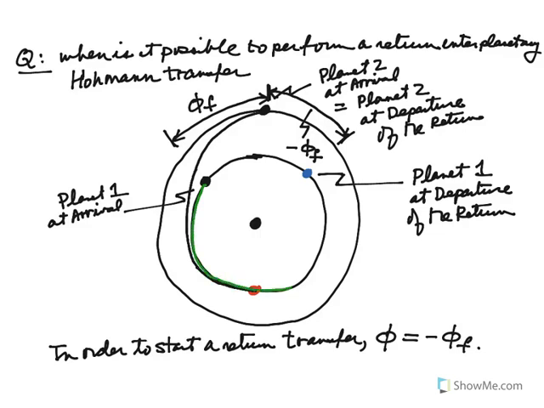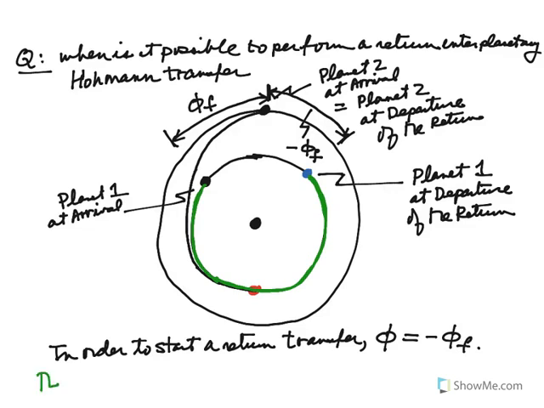You have to wait until this planet 1 has actually gotten into this location. So this green line is the amount that planet 1 has to have moved in order to get it into the right location, so it's where the blue is. So you have to wait a certain amount of time. So in order to start the return, we have to wait. So it's necessary to wait.